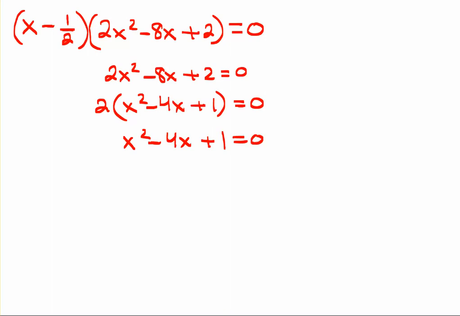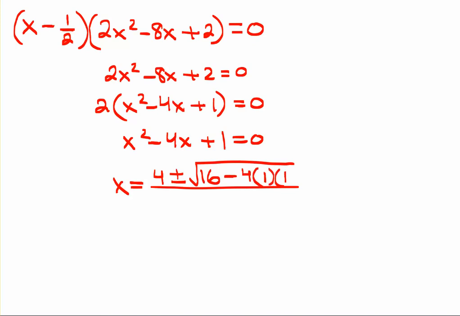Can I factor x squared minus 4x plus 1? Okay, people shaking their heads no. Then I'm left with the quadratic formula. Opposite of b, plus or minus the square root of b squared, which is 16, minus 4 times a times c, all over 2 times a.